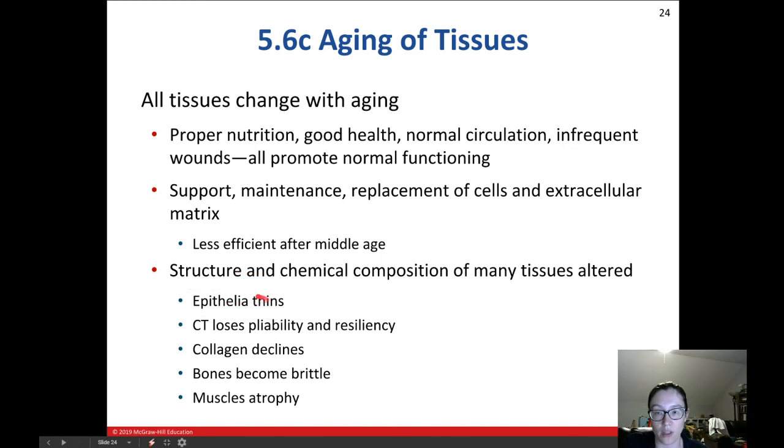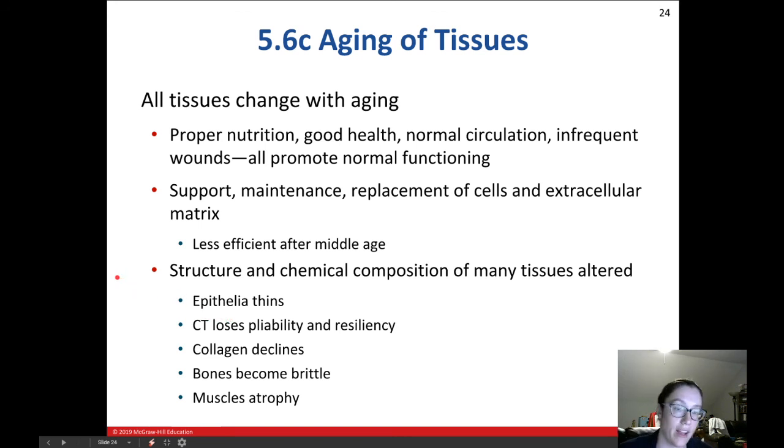Usually your epithelia can thin, so the skin gets thinner, the connective tissue is not as pliable and it loses its resilience, collagen can decline, bones can become more brittle, and muscles can atrophy. Some of it is common sense. You've probably thought about this before, if you've seen your grandparents or any older individuals, you may have noticed some of these changes.